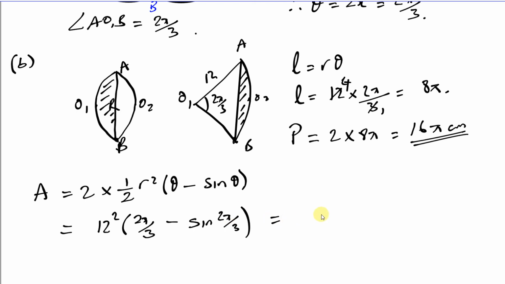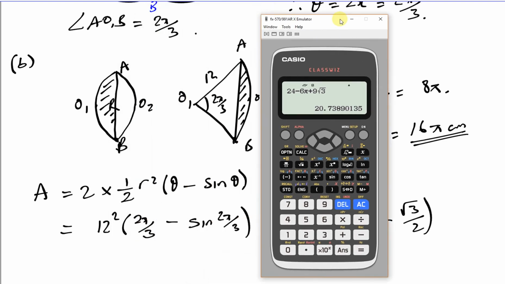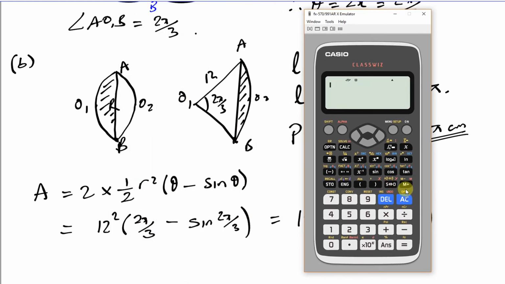So you're going to have 144 times 2 pi over 3 minus the sine of 2 pi over 3, which is the same as the sine of pi over 3, which is root 3 over 2. But they want the answer to 3 SF. So I could just take this as it is, and make sure my calculator is in radian mode, which it is, because we need to use radians with sine here.